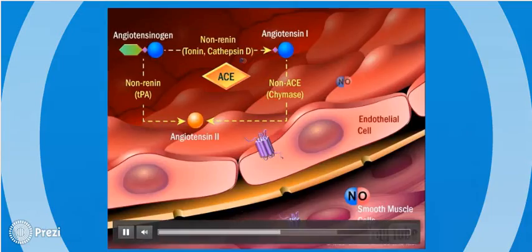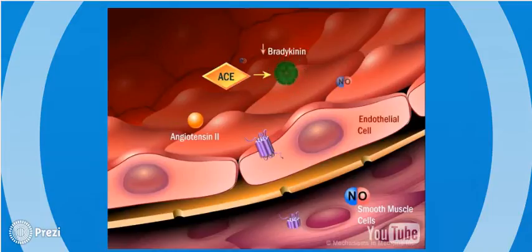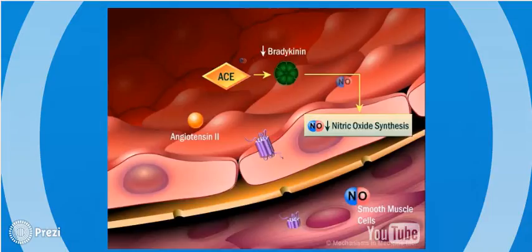Angiotensin-converting enzyme also degrades bradykinin, which is required for synthesis of a major vasodilator, nitric oxide. Angiotensin 2 binds AT1 receptors expressed on the surface of vascular endothelium and impairs nitric oxide synthesis as well.